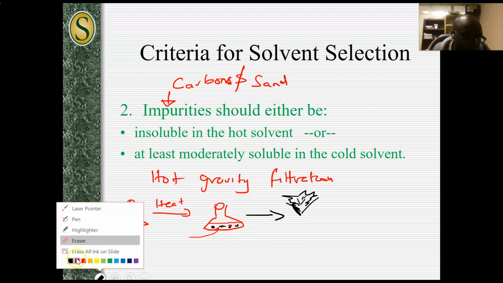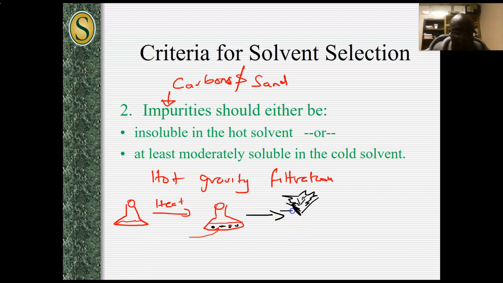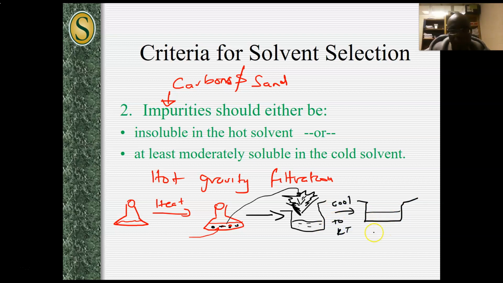Use a stemless funnel sitting on a beaker. Pour this liquid slowly through the fluted filter paper. You collect the hot liquid, and then you cool the liquid to room temperature, and then place it on an ice bath.